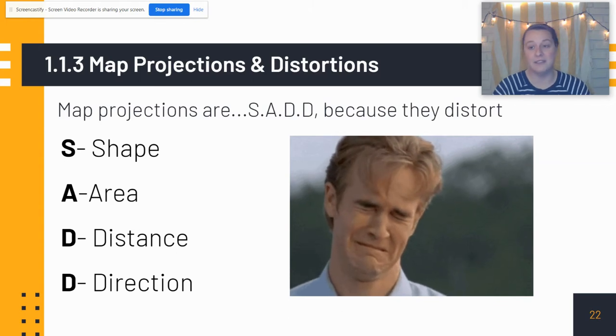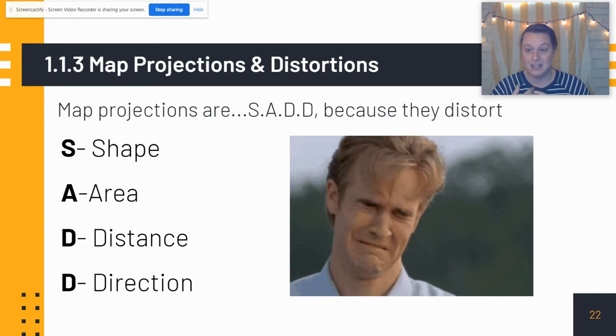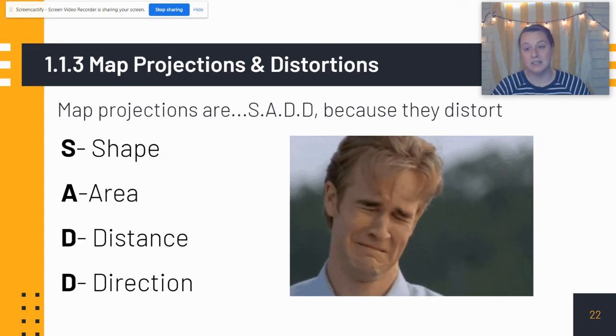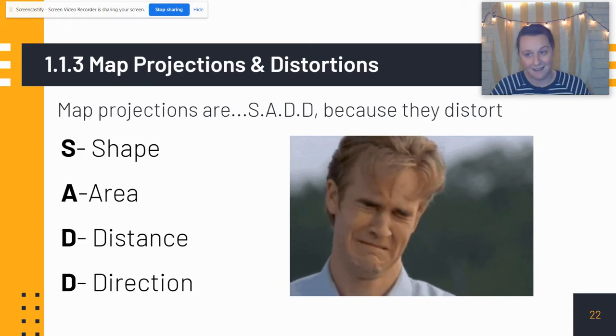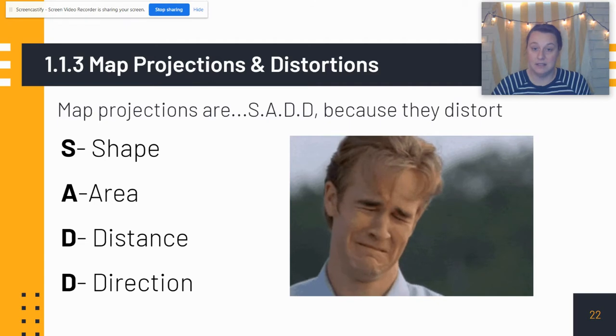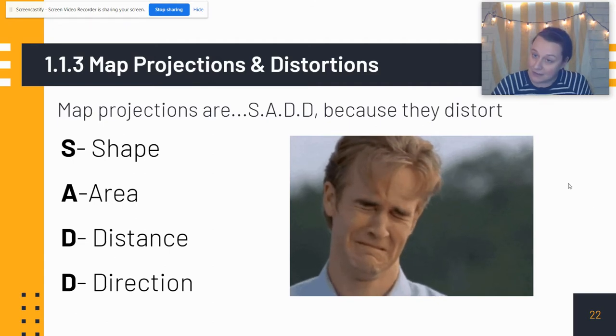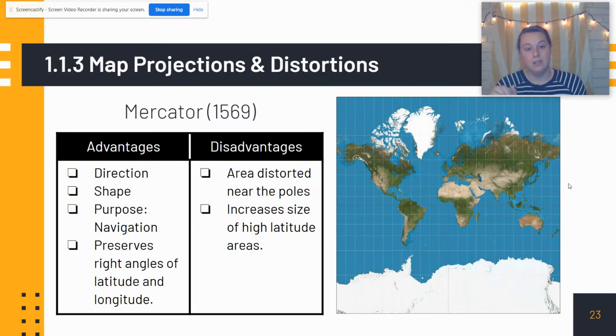And here are the four things that they mess up: the shape of areas, the area, meaning the size, the distance between those areas, and the direction. Remember last video, we talked about absolute and relative distance and direction. Map projections mess up those absolutes because they distort things. They are sad.